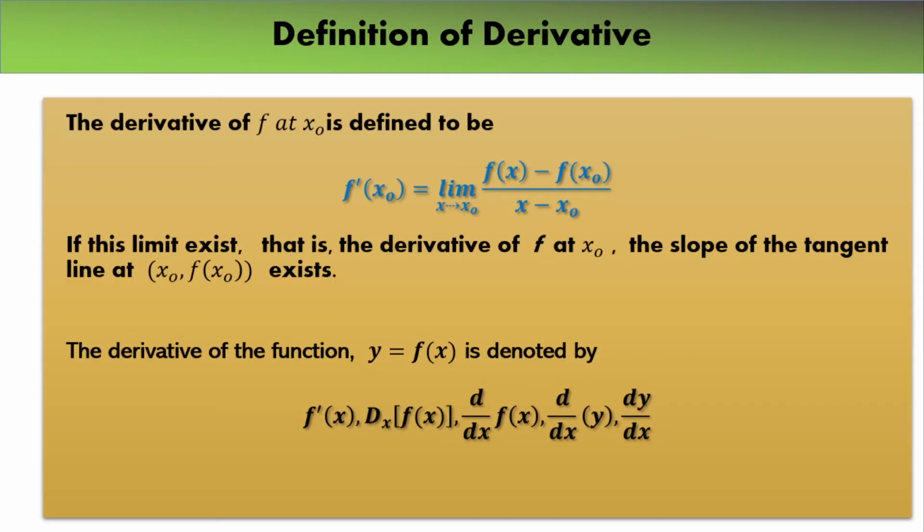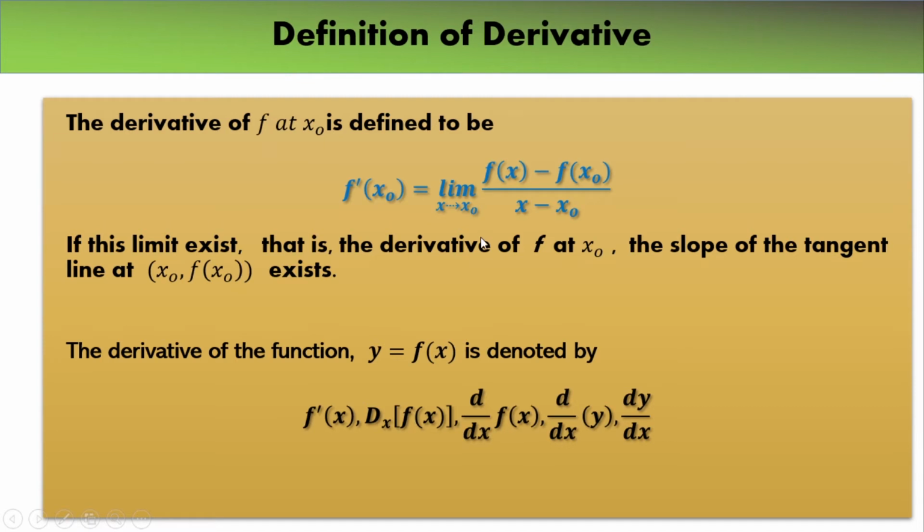The derivative of function at x₀ is defined to be f prime of x₀ equals the limit of f of x minus f of x₀ all over x minus x₀ as x approaches x₀. So kung familiar kayo sa equation na to, actually this is our equation for the slope of tangent line.